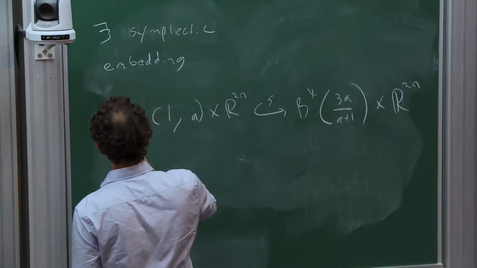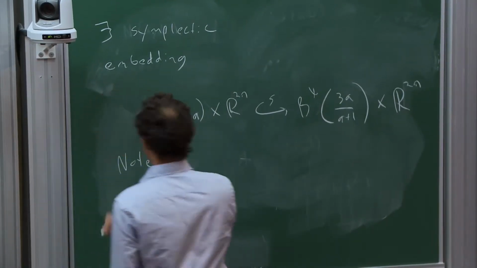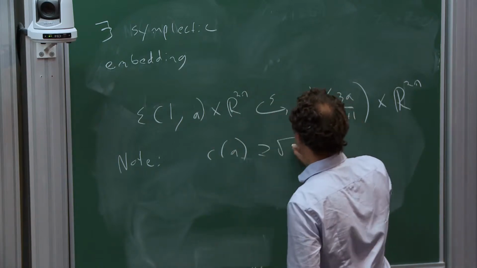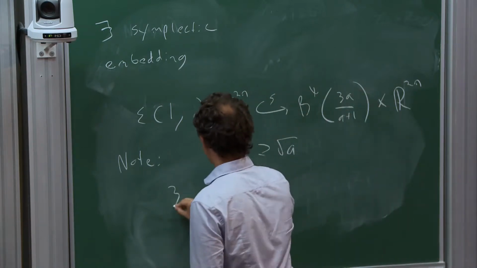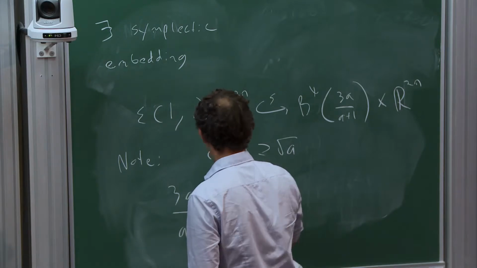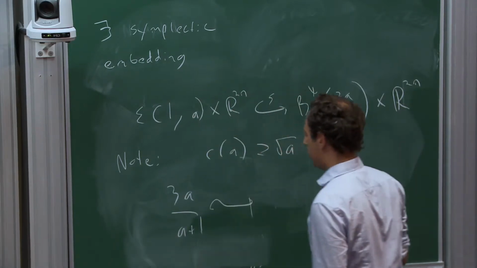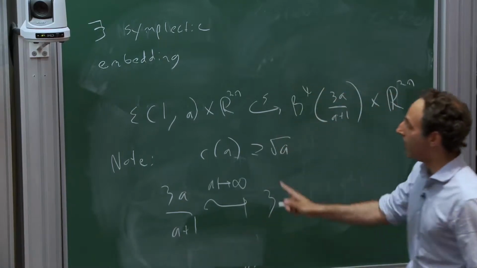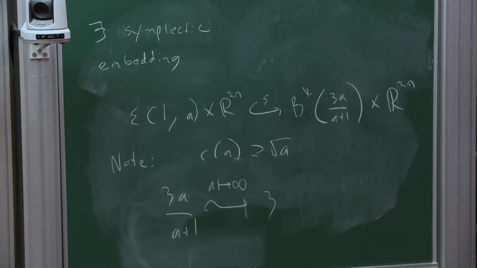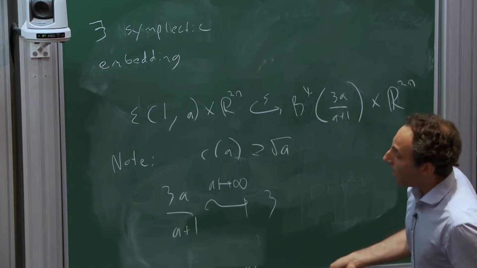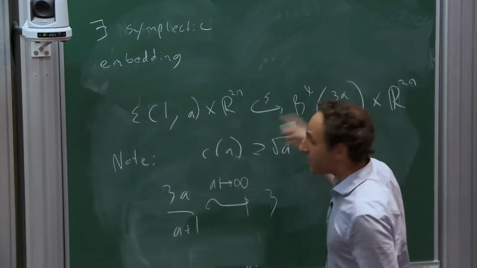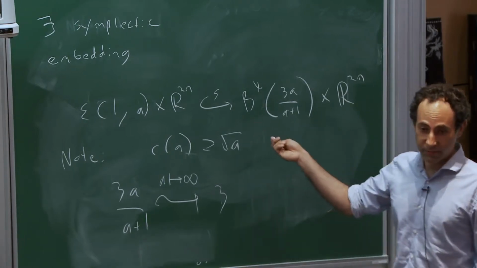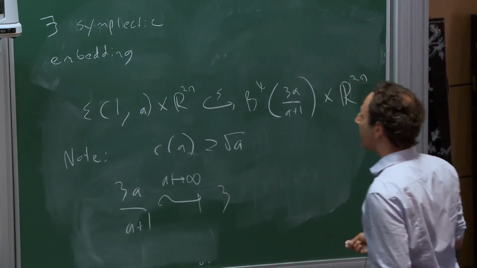So note that the McDuff-Schlenk function is always greater than or equal to the square root of A, while 3A over A plus 1 converges as A goes to infinity to 3. Again, I'll put this in pictorial form, but this says that eventually one must be able to do better than what McDuff and Schlenk did, because there is no volume obstruction to this problem, for example.